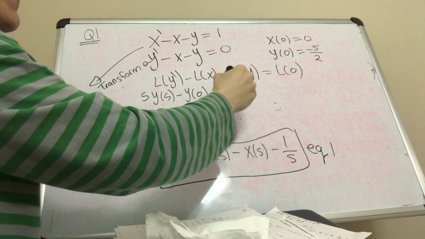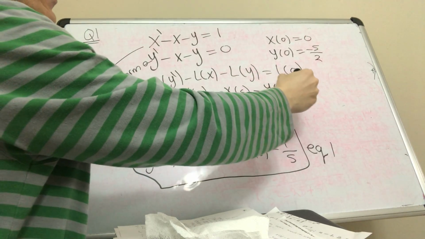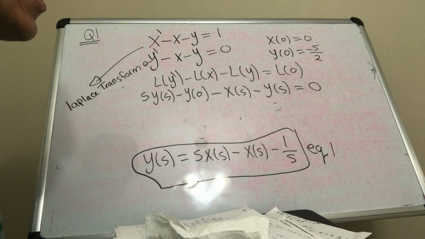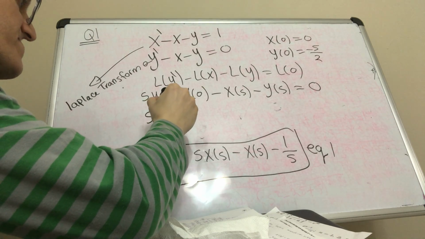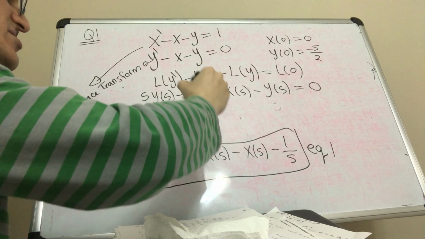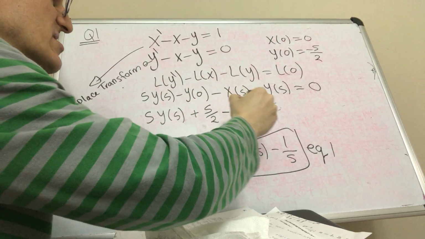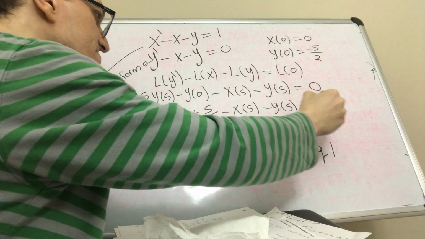For x would be X(s). For y would be Y(s). And there's no transformation for 0. 0 is 0. And I know y(0) is negative 5 over 2, so negative negative, plus 5 over 2, X(s), Y(s), 0.